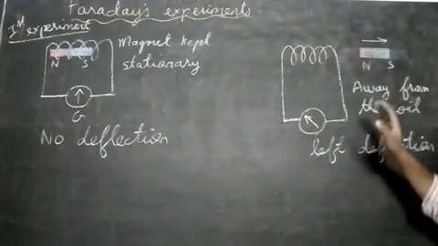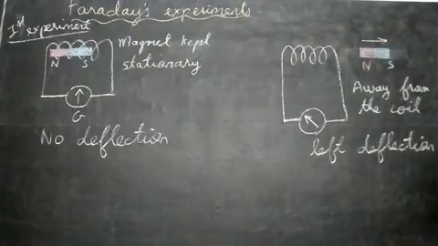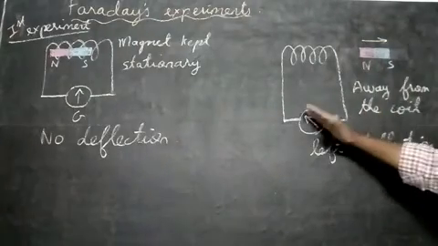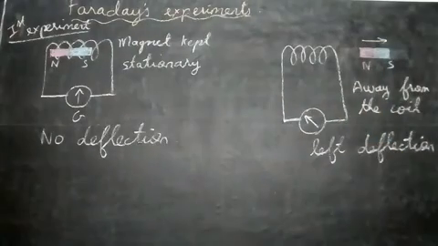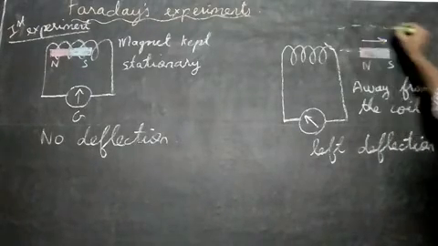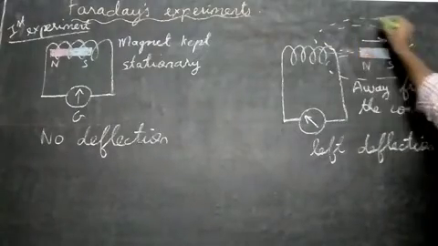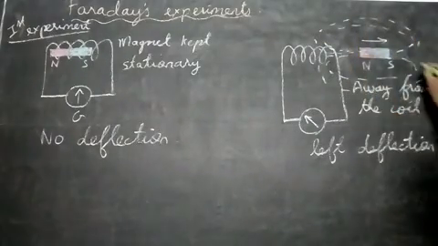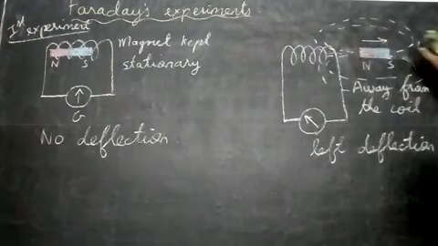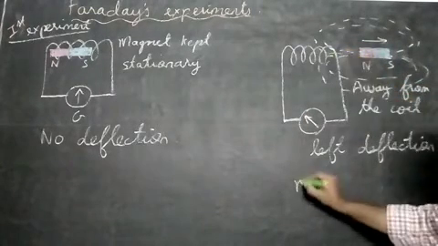Next we study what happens if you move the magnet away from the coil. If you move the magnet away from the coil, we can see there is a left side deflection. Why? Around the magnet we have the magnetic field lines. As the magnet is moved away from the coil, the magnetic flux decreases.